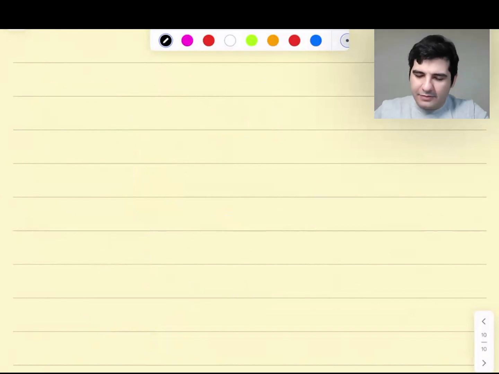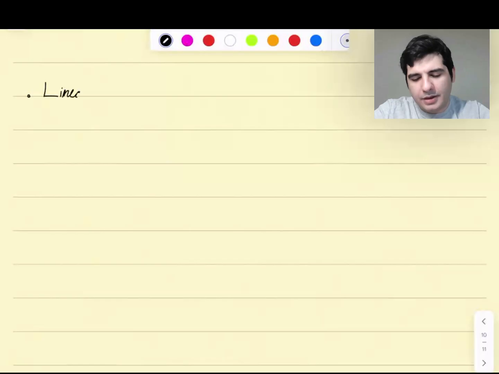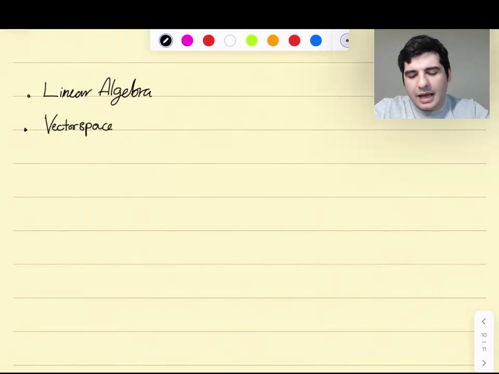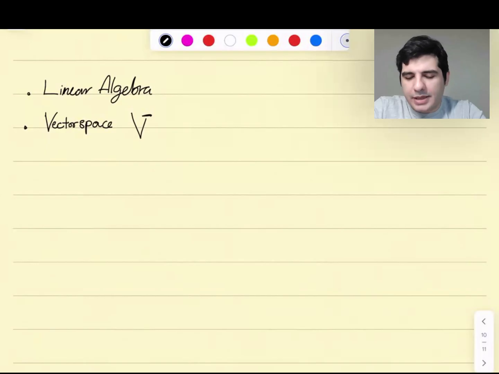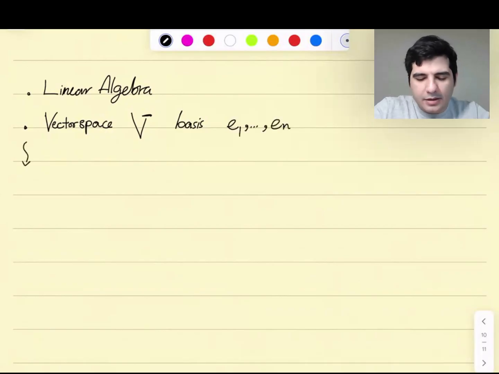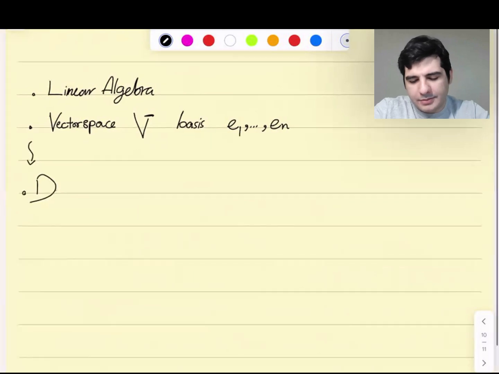Now, remembering something from basic linear algebra: whenever we have a vector space, say a real vector space, denoted V, and this vector space has a basis, say E1 up to En, we can define something called the dual vector space.